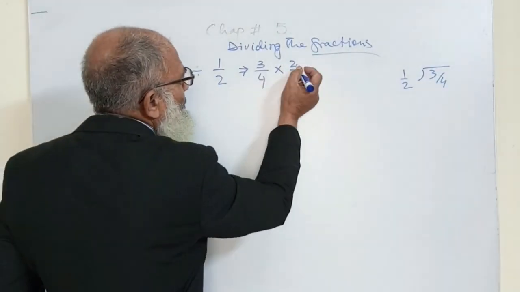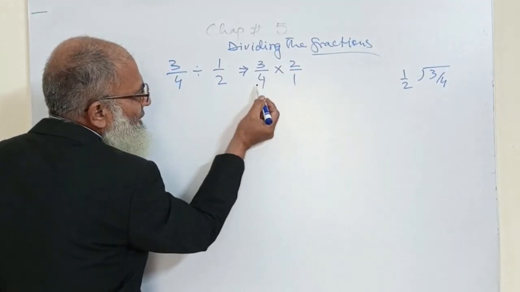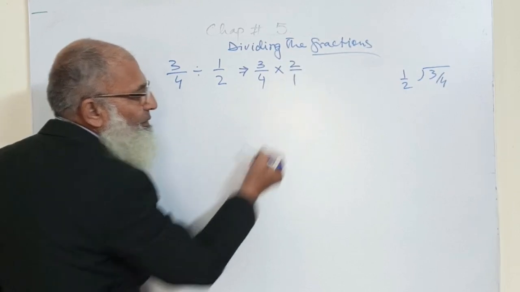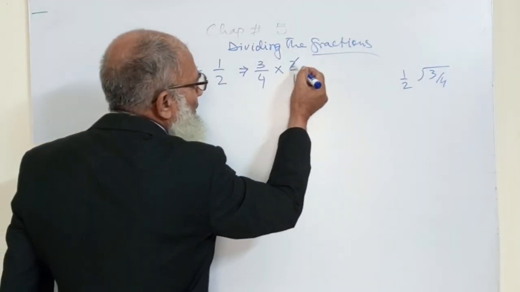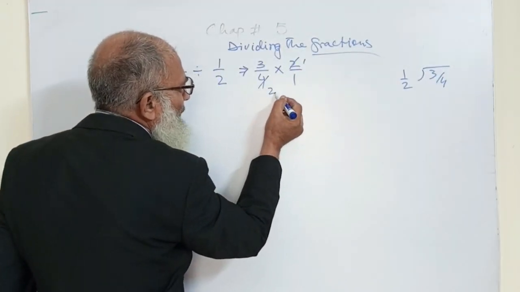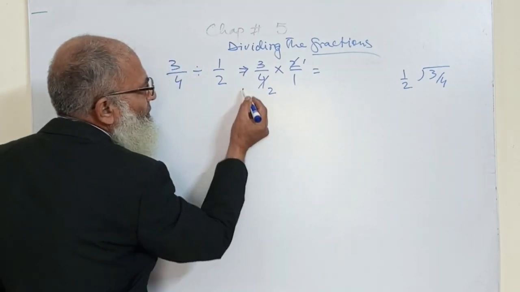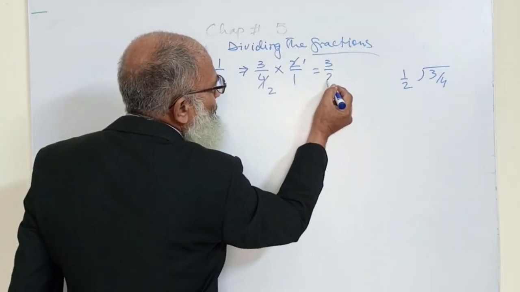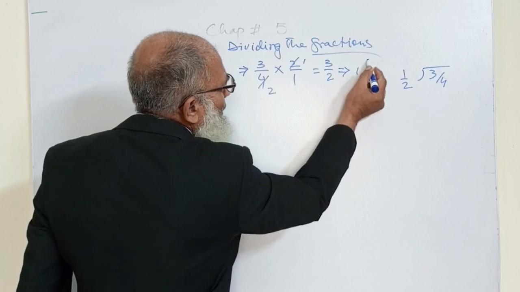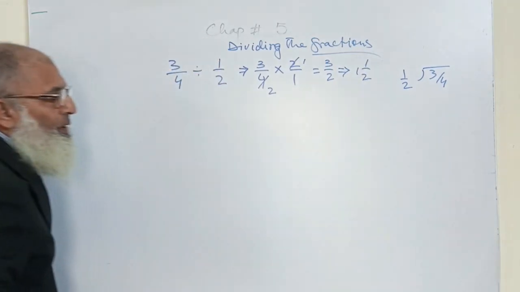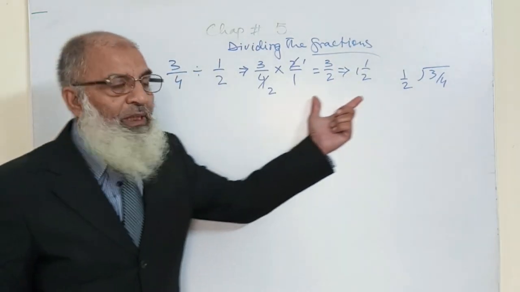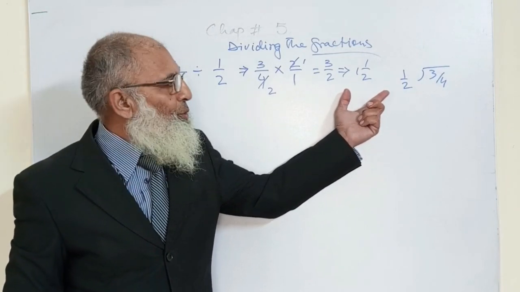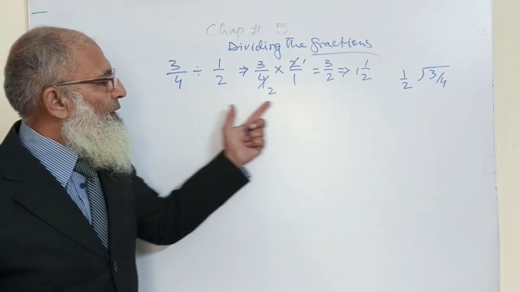So what will happen now? You see that this 4 can be divided by 2. So 2 one times and 2 two times. Now the answer will become 3 upon 2, or 1 whole 1 upon 2. So it is very easy now to solve this fraction.